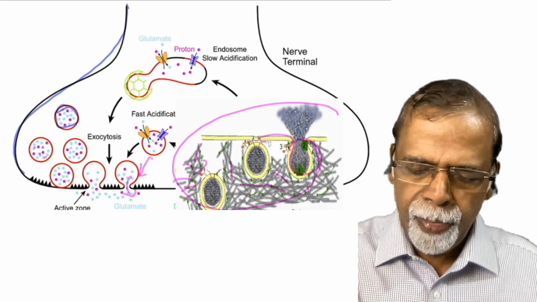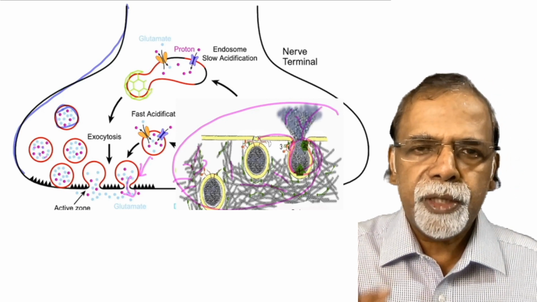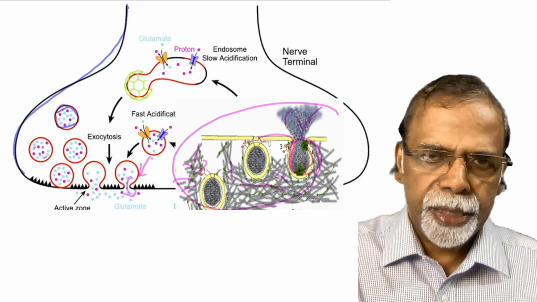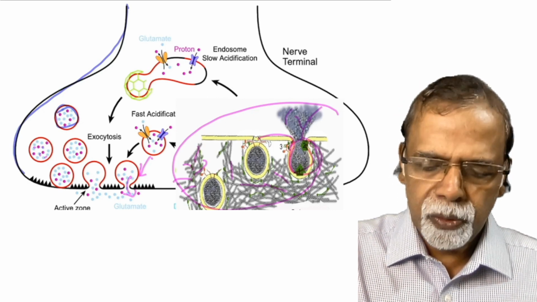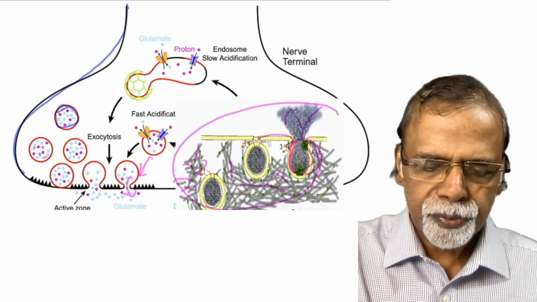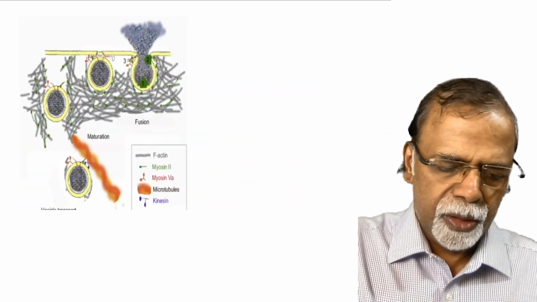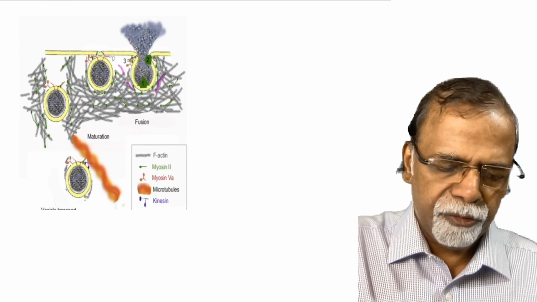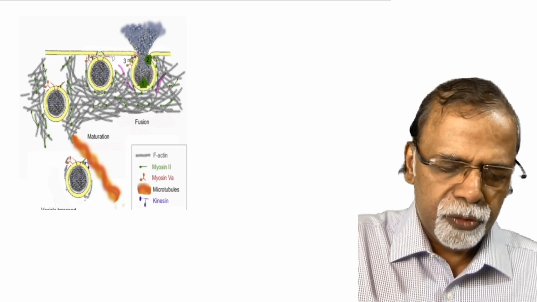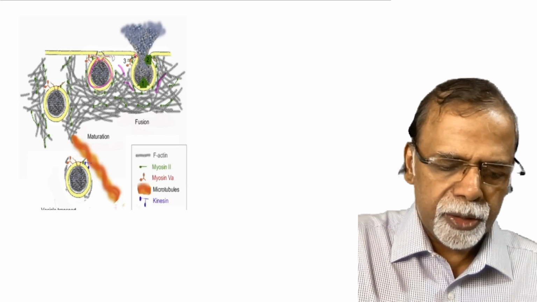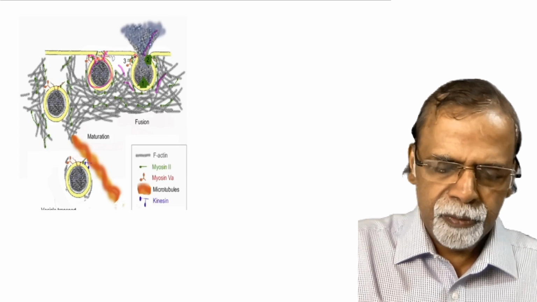And you can see the contents are released into the cleft. So neurotransmission is an example of exocytosis. In the same way, glandular secretions also work by this process. Again, this is showing the actin filaments and the myosin, which help the synaptic vesicles to move to the cell surface and fuse. And this is the release of the neurotransmitters.